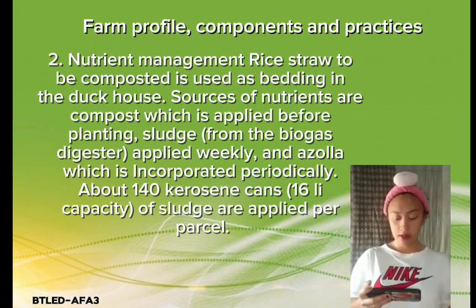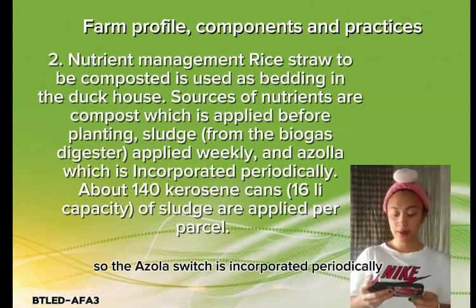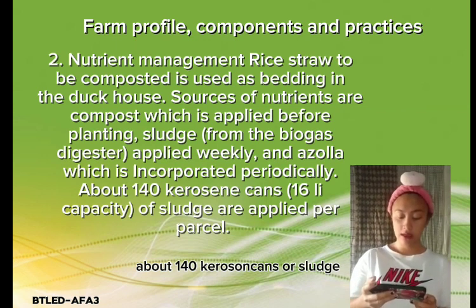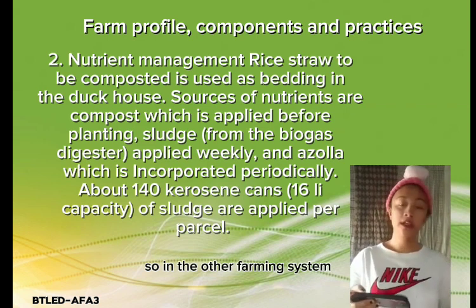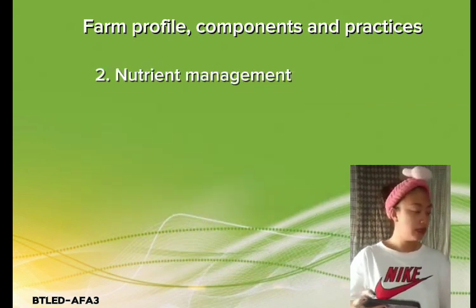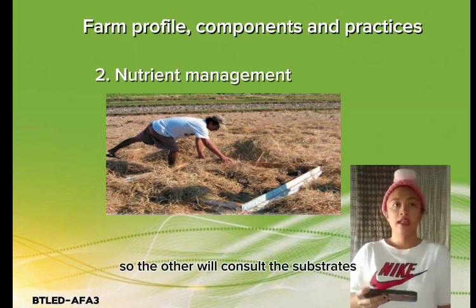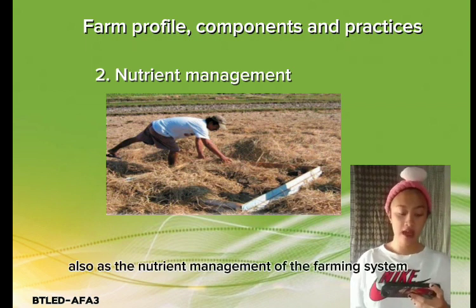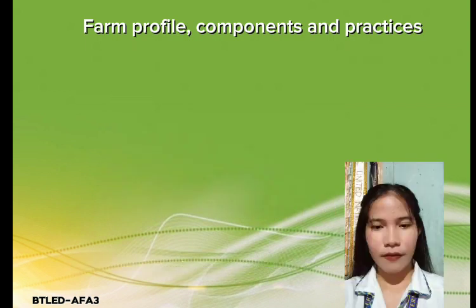Sludge and azolla are incorporated periodically, about 140 kerosene cans of sludge applied per parcel. In other farming systems, they call it substrates. The ducks will consume the substrates and this also serves as nutrient management of the farming system.